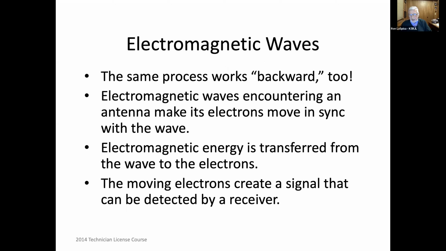So if we have an electromagnetic wave in space encountering an antenna, then it makes the electrons move in that antenna in sync with the wave. And yes, if there's several stations emitting at the same time, and there always is, then the antenna itself will pick up all those signals and they'll make the electrons move.